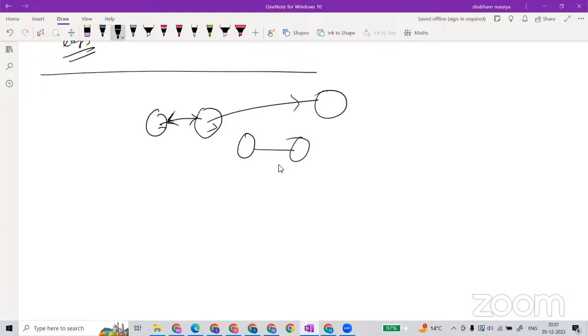But the meaning is that the edge exists from A to B and B to A also, correct? We will not say edge A to B and then again another edge B to A. So you mean to say these two vertices are joined with an edge. Yes, and the direction of connection can be from both sides, right?